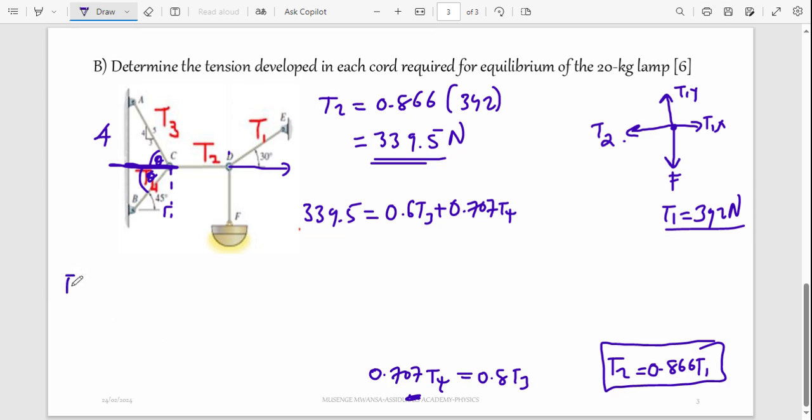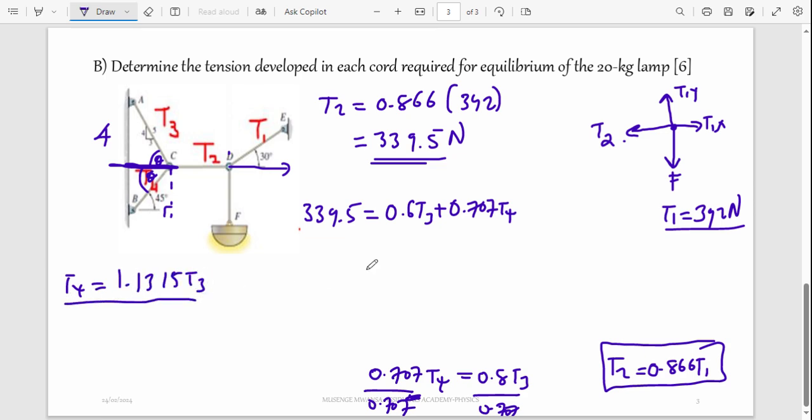So I'll have T4 is equal to, what I'll do is I'll divide both sides by 0.707. So that will give us T4 being equal to 0.8 divided by 0.707, and that will give us like a 1.1315 T3.